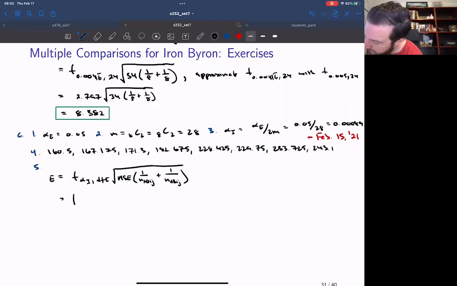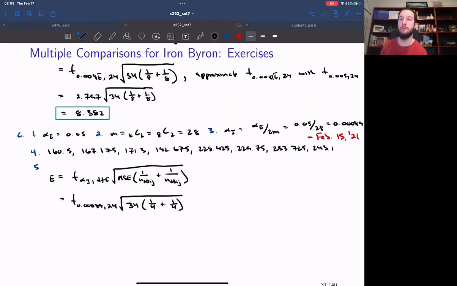So this is going to be a T on 0.00089 and 24. And then each treatment combination only has 4 observations, which are the number of replications. Okay, so then this value will be equal to 8.155.